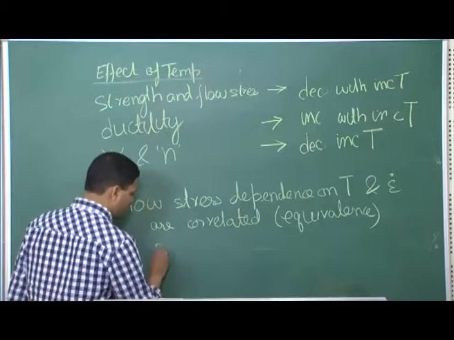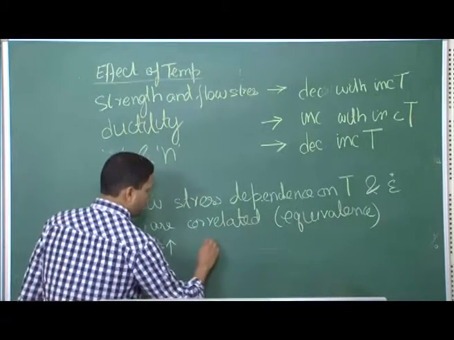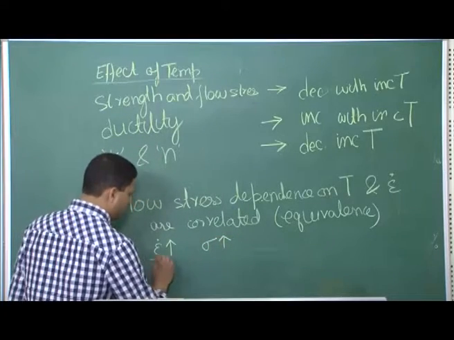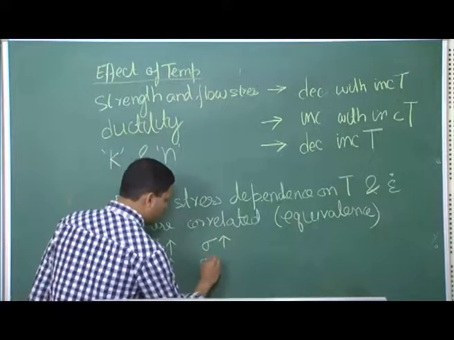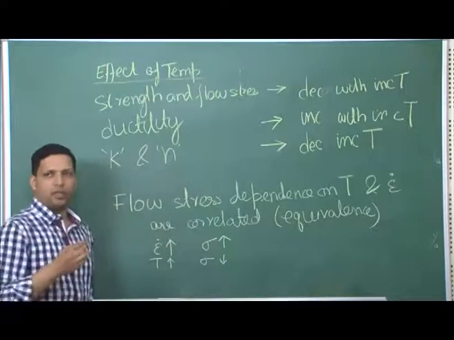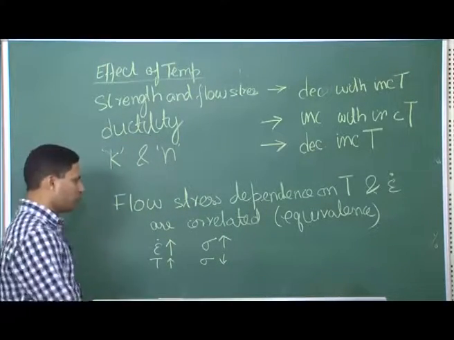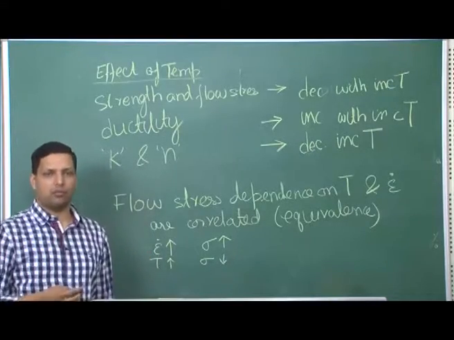So, when we increase the strain rate, the flow stress increases. On the other hand, when the temperature is increased, flow stress decreases. But the origin for both of these phenomena is the same. They are both related to dislocation movement.